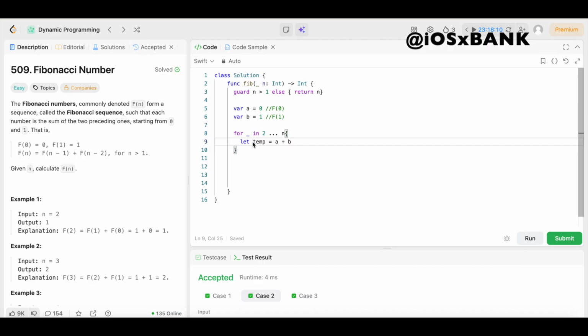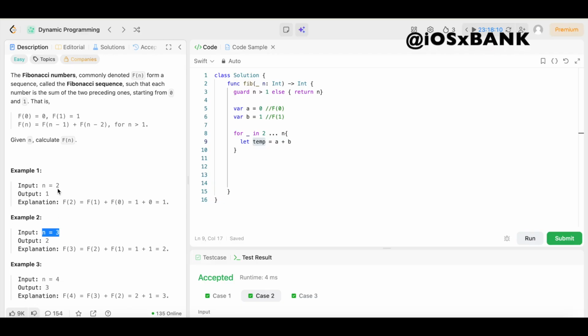Now this temp is important because, like I was talking about earlier, when we're dealing with numbers after index 2, after f of 1 and f of 0, once we get to f of 3 and f of 4 and so on, we need to store the previous values, because 3 is not going to be 3 minus 1 plus 3 minus 2.